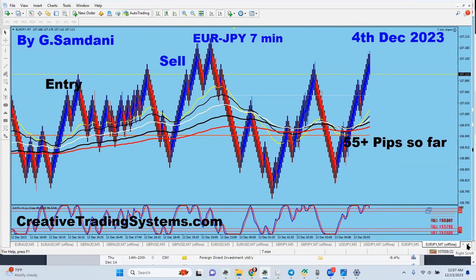Pound, euro pound, not euro pound. Euro Aussie and pound Aussie, thinking that probably they are going to post a reversal candle, bearish reversal candle, and we might be able to take short trades in those two. USD pairs, we will see when the USD comes.